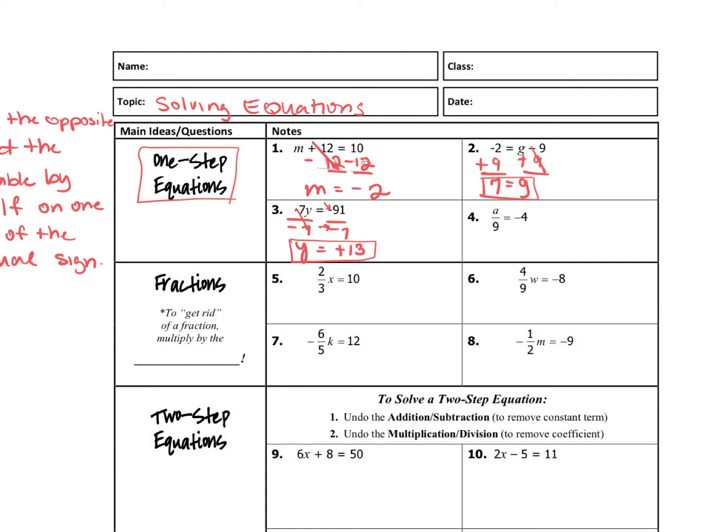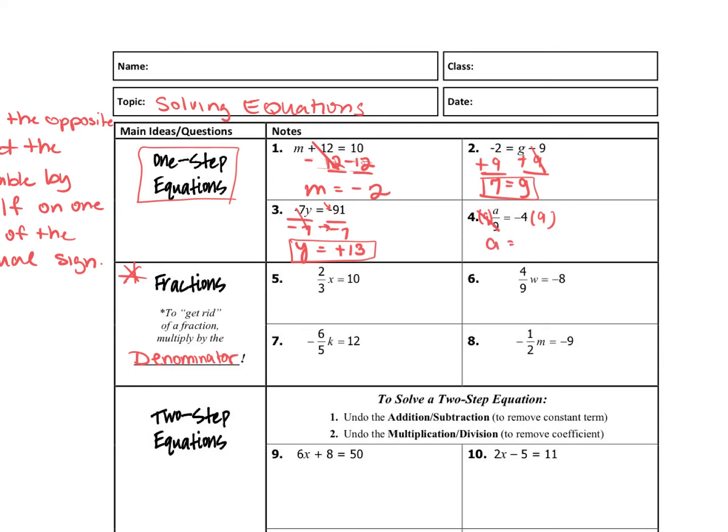I'll do one more of these, and then you're going to do the rest of this section on your own. So number 4, this is a division. Fractions, it says right here, to get rid of a fraction, you multiply by the denominator. Fractions are division, so I'm going to multiply both sides by 9.